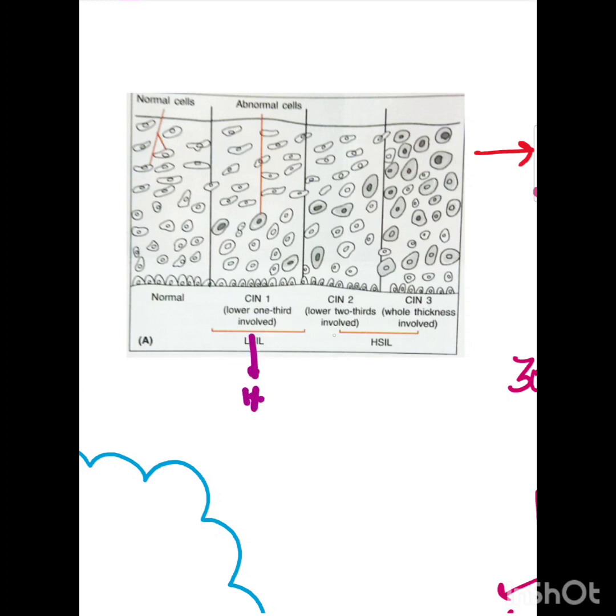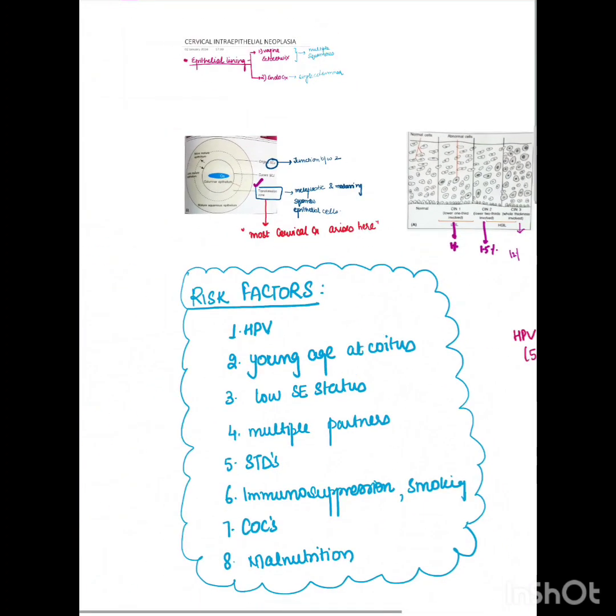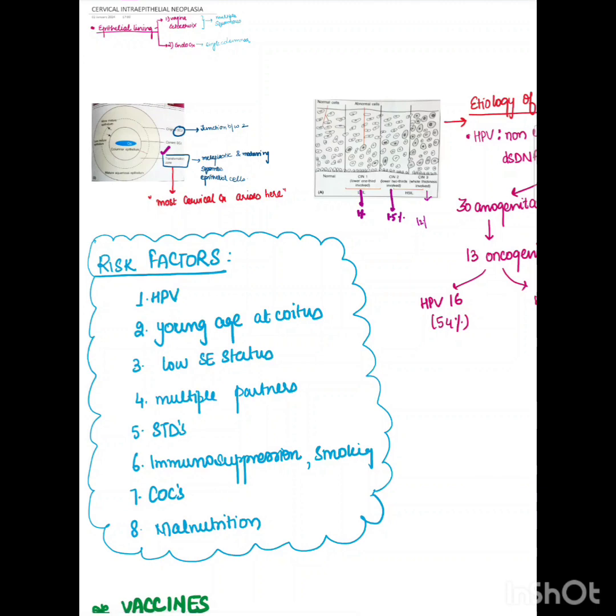In CIN 2, transformation to cancer occurs in 1.5% of cases, and in CIN 3, 12% of cases progress to cancer.